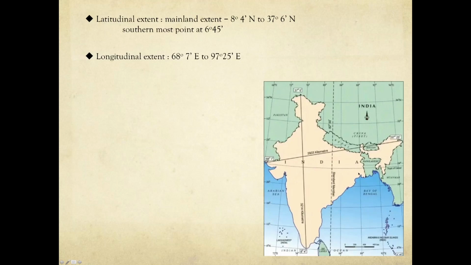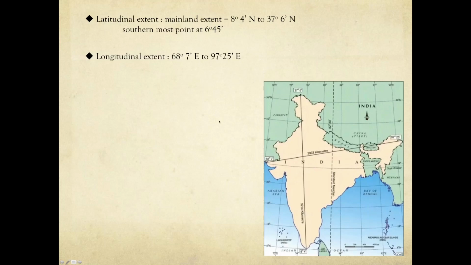Then the longitudinal extent is 68 degrees 7 minute east. This point lies in the western part of India, to the 97 degree 25 minute east.